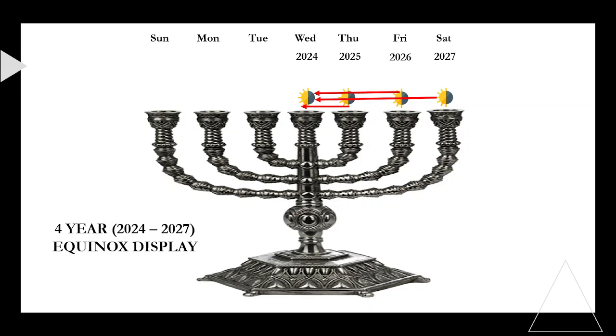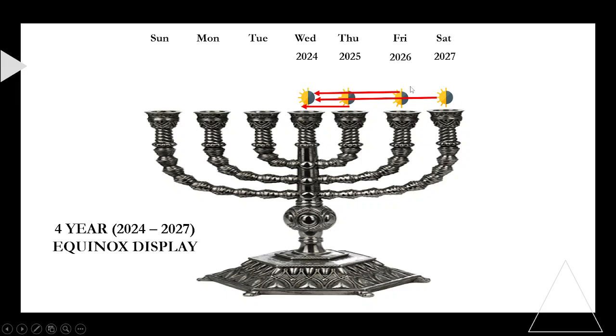So the inconsistency of the days makes the calendar look like it's shifting, right? So when you're looking at the calendar and you're counting your Roman calendar, and you see it on the Thursday, you will still use Wednesday as the fourth gate, as the day that you'll begin your counting from.